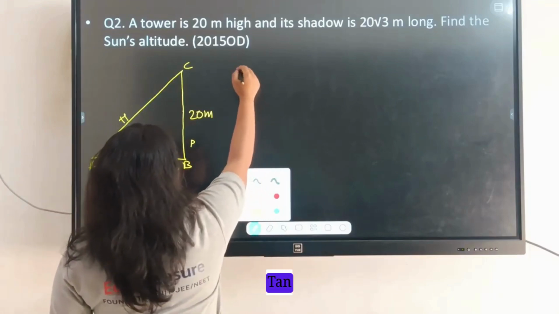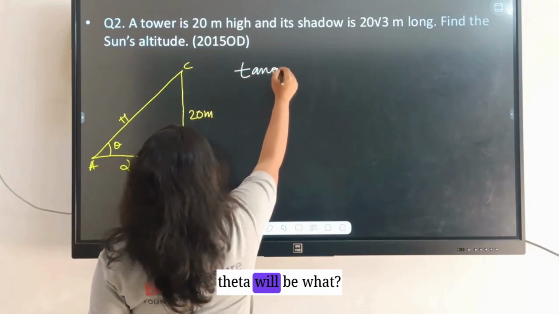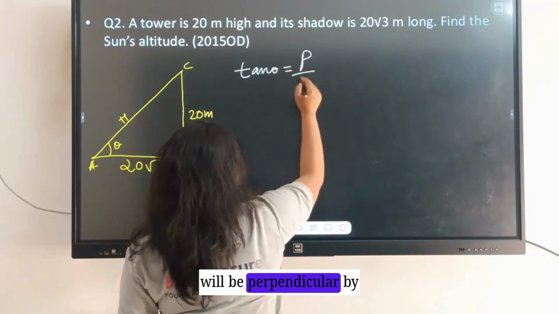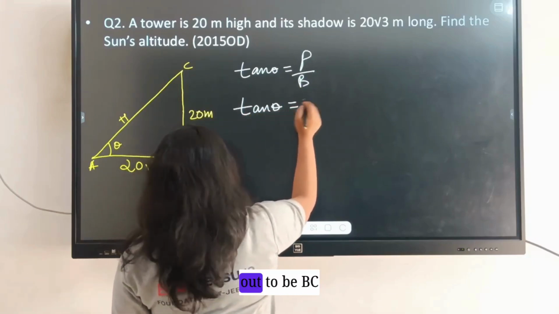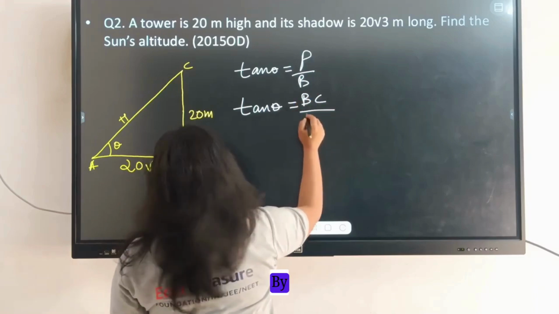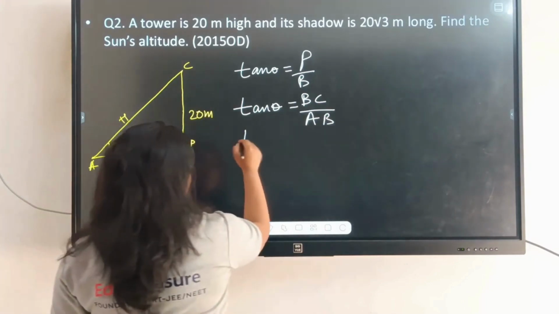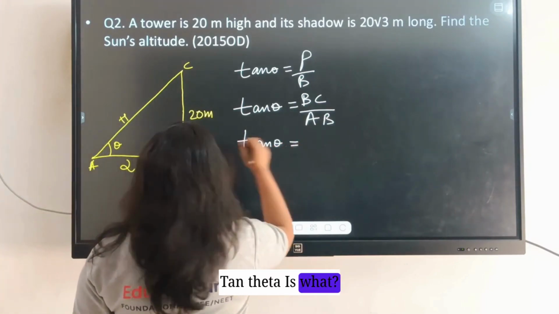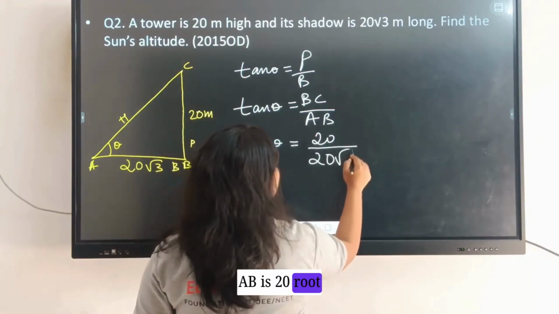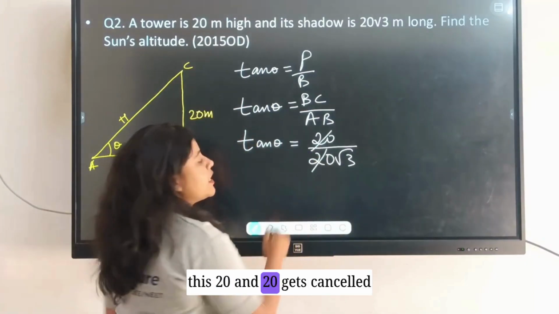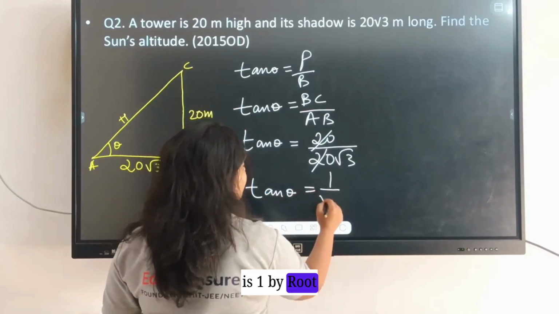Tan theta will be perpendicular by base. Then tan theta comes out to be BC by AB. BC is 20 and AB is 20 root 3. So this 20 and 20 get cancelled out and we are left with tan theta equal to 1 by root 3.